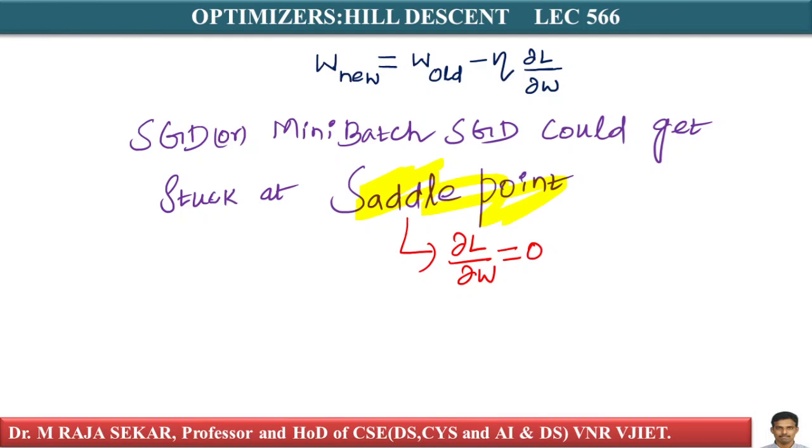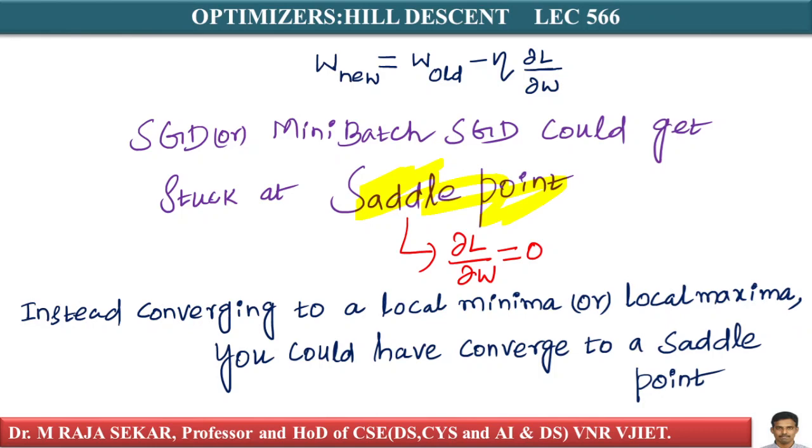But instead of converging to a local minima or local maxima, you could have converged to a saddle point. Then what do you do? Yes, this is the biggest problem. There are ways to get rid of this.